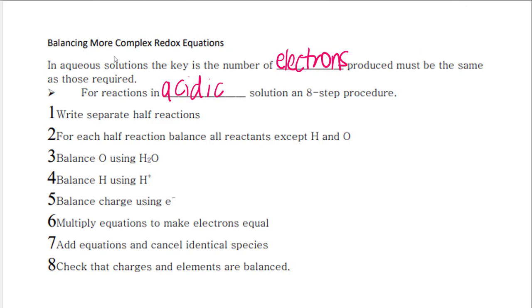So moving on, in aqueous solutions, the key is that the number of electrons produced must be the same as those required. So in other words, we need to make sure that LEO equals GER when it comes to losing and gaining electrons.